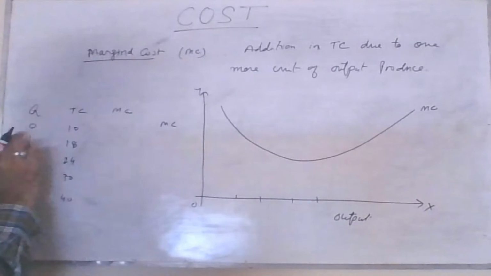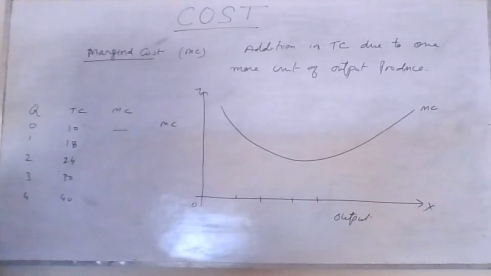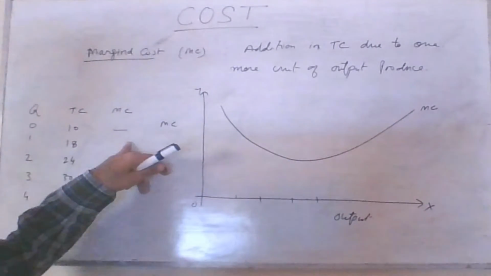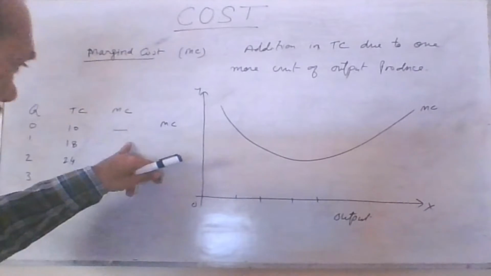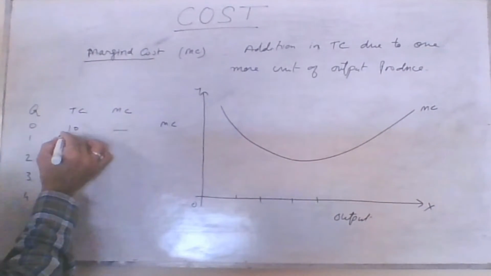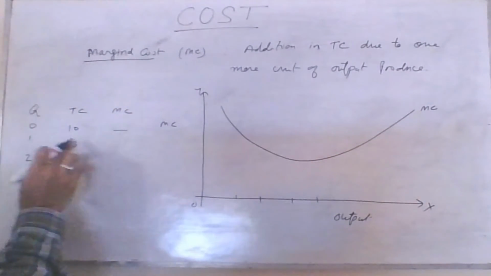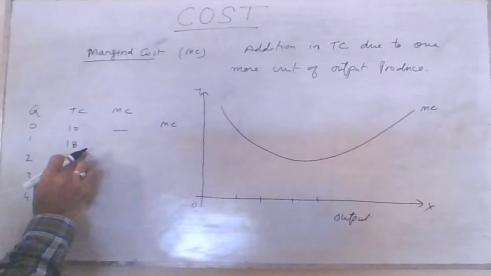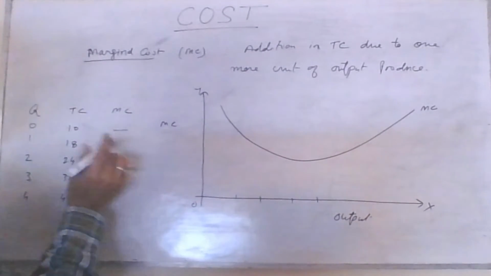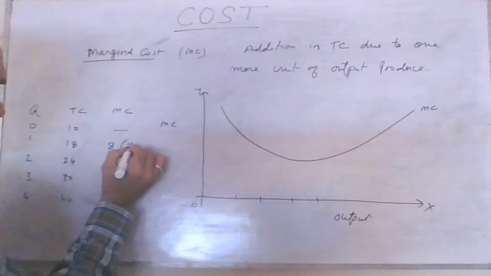So when the output is 0, your marginal cost will always be a dash, because when the output is 0, marginal cost is not 0, it is a dash. Now when the output is 0, total cost equals the fixed cost. When the output is 1, your total cost is now 18. So marginal cost is what? Addition. So marginal cost is 8. How to calculate? 18 minus 10.